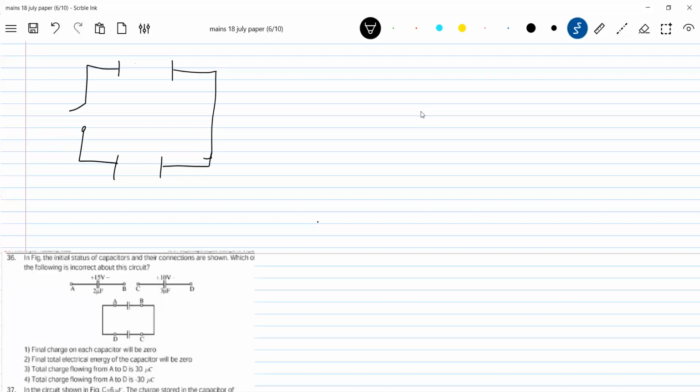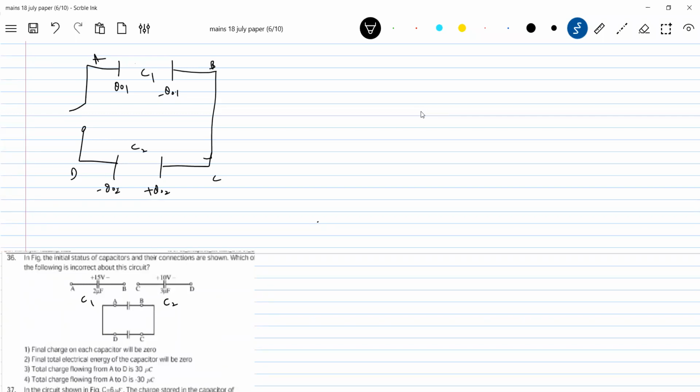This will be the initial charge called Q01, minus Q01. There's plate A, B, and this is D, C, minus Q02, plus Q02. Okay, solve this. This capacitor, let it be C1. This is C2. Apply conservation of charge principle.